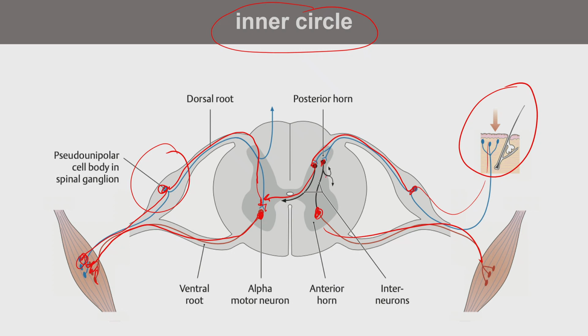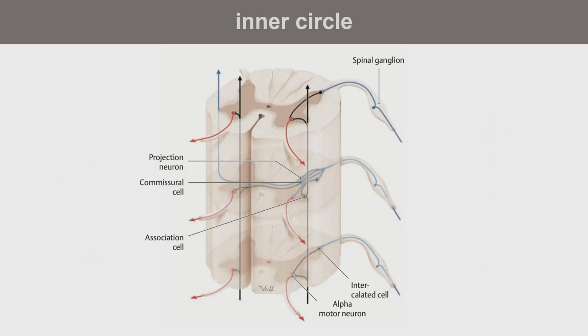But there is also a way for this information to be projected into the superior centers and also to different levels of a limb, so from upper to lower. So those inner circles could be on one side only, but could also be transmitted upwards to the other side and also transmitted down.